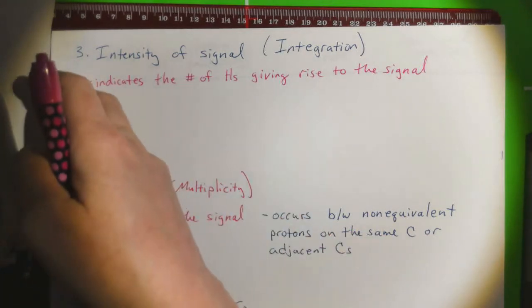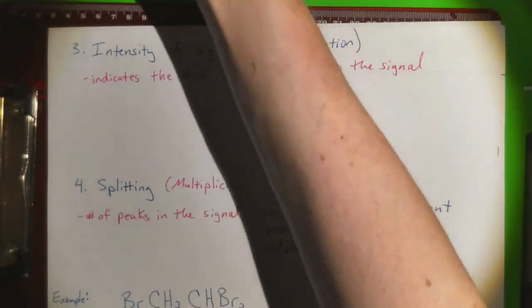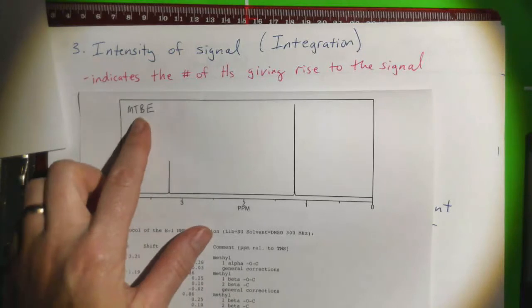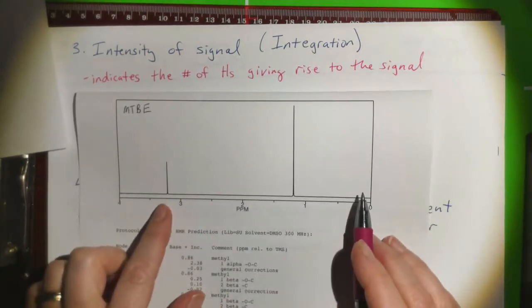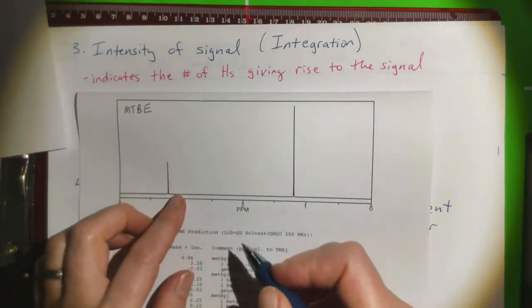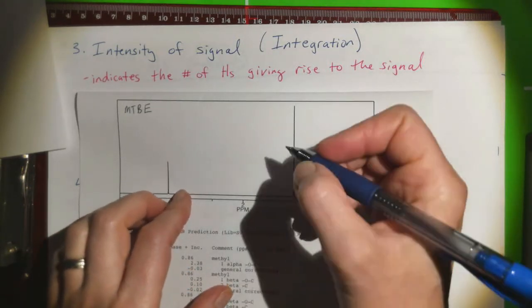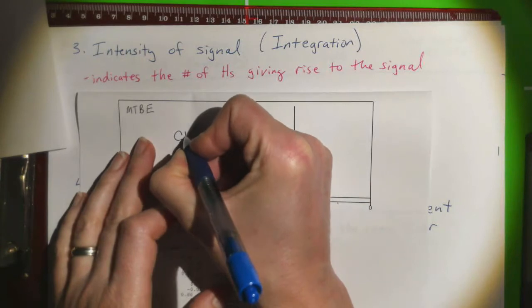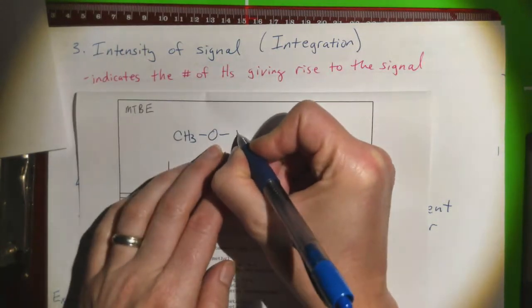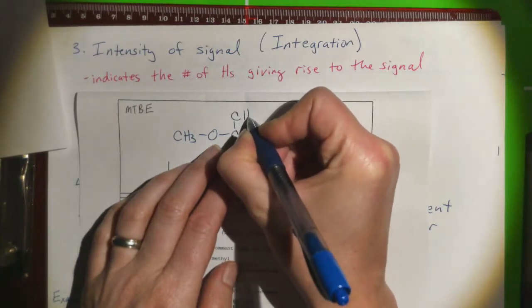So if we go back, I think in the last video maybe, we looked at methyl tert butyl ether. I happen to have here the proton NMR spectrum for methyl tert butyl ether, and let's just remind ourselves about that. So we have a methyl group, and it's an ether, and then we have a tert butyl group on the other side.